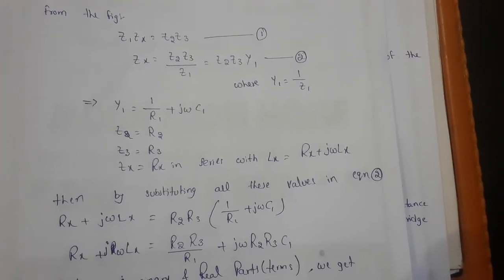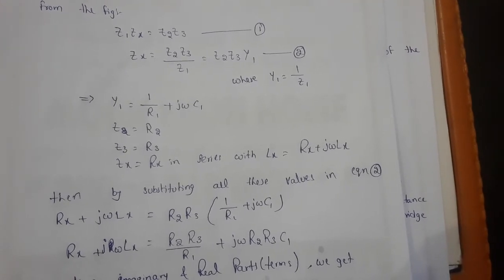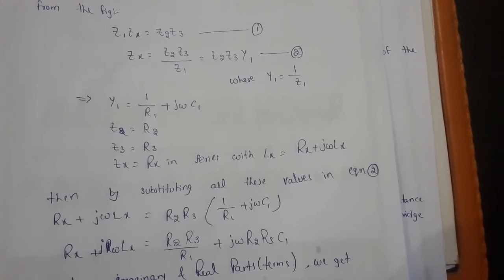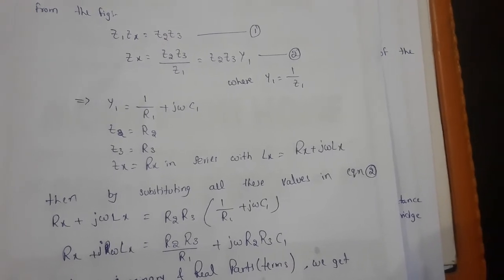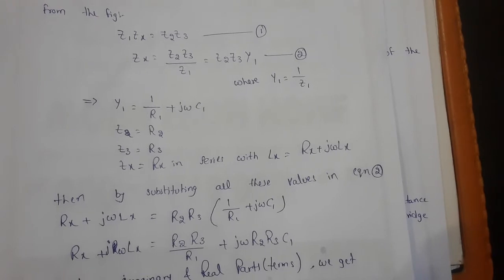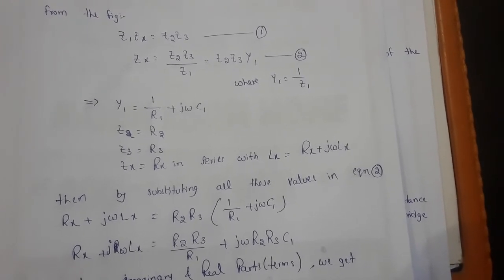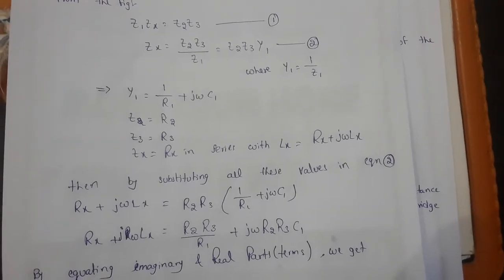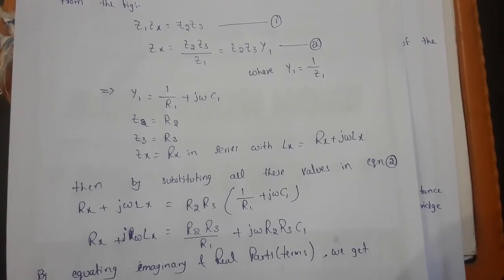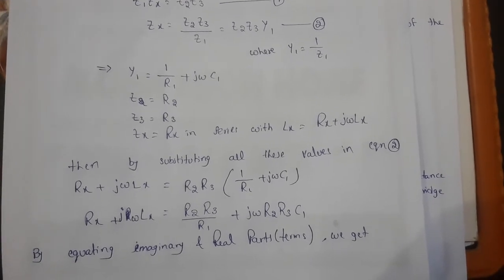So we get Zx equal to Z2 into Z3 by Z1, that is Z2 into Z3 into Y1, where Y1 equal to 1 by Z1. Here Y1 can be written as 1 by R1 plus j omega C1, and Z2 is equal to R2, Z3 is equal to R3.